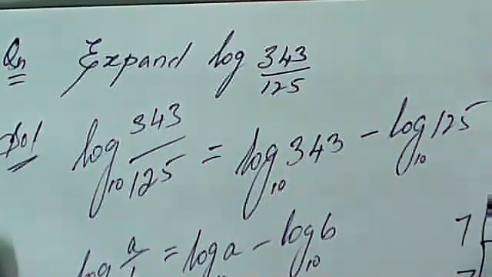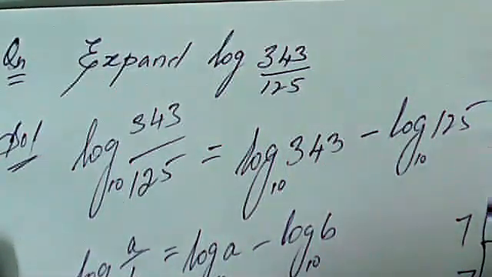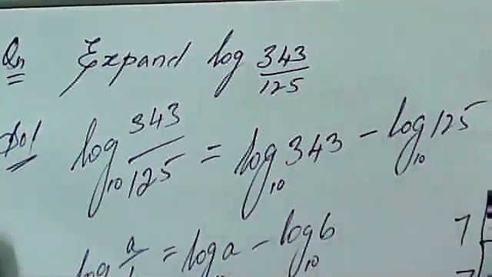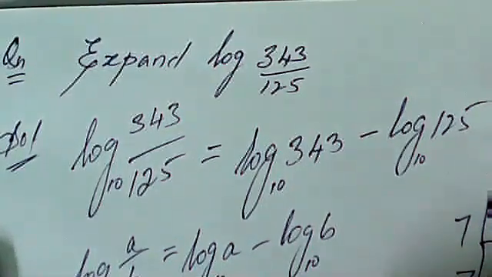Similarly, 125 can be written as 5 cube. Therefore, we write this as log of 7 cube to base 10 minus log of 5 cube to base 10.